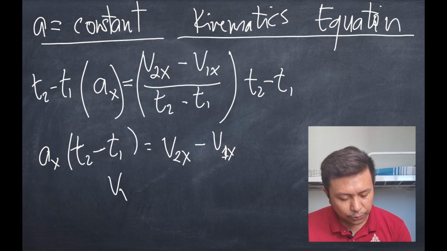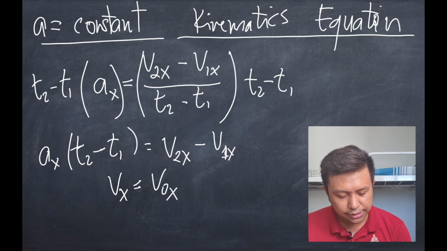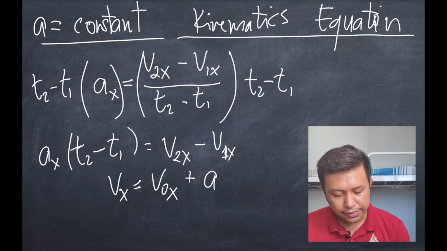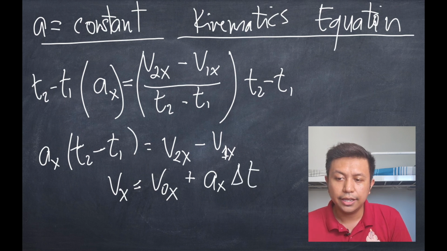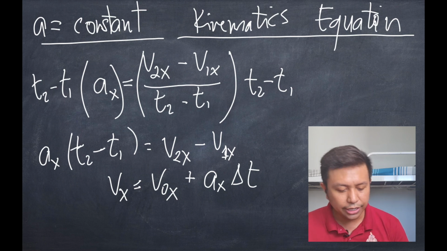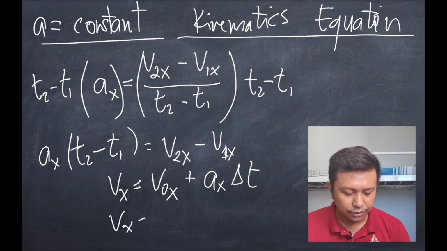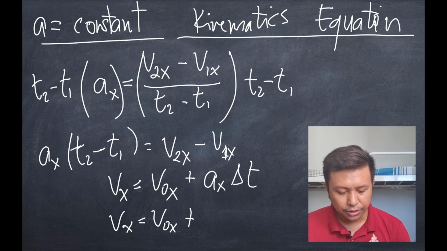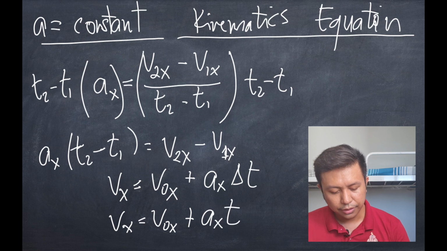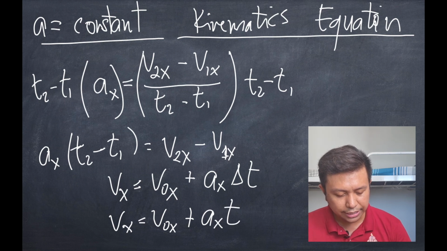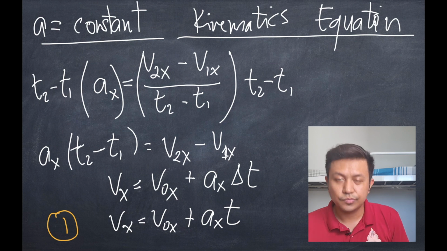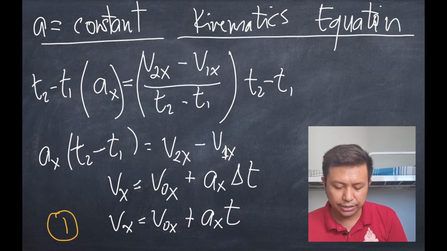So vx is equal to v1x, or v naught x, plus a sub x multiplied by delta time. If your initial time is 0, then you can rearrange this equation to be this. And now this is our first kinematics equation.